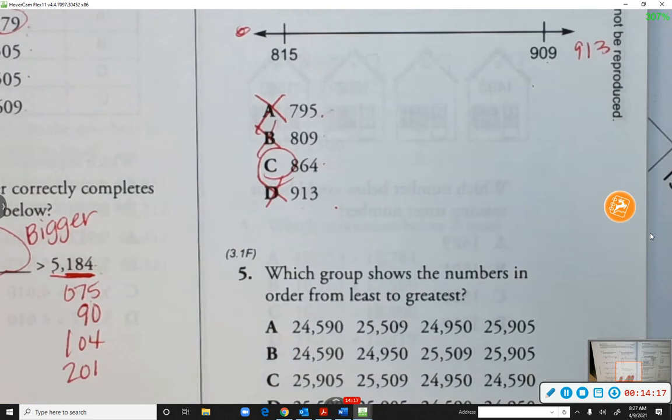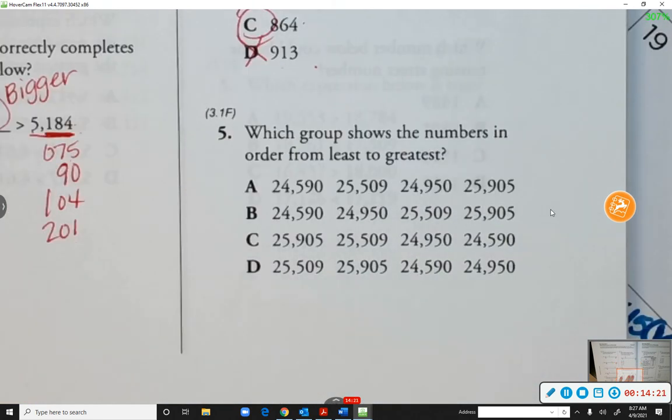And the last one, which group shows the numbers in order from least to greatest? We would think these types of problems would be so easy, but we miss these a lot. Okay. So who wants to tell me what they did? Did you have a certain strategy you used on this? What did you do, Allie?